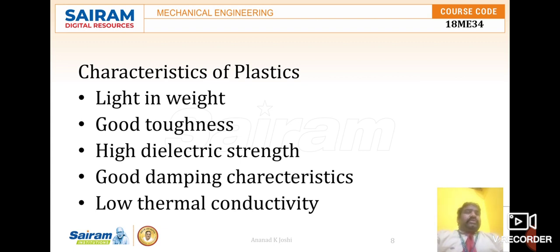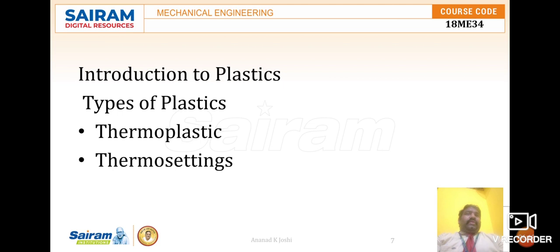Okay, and it also has low thermal conductivity, as we discussed in the characteristics of plastics. The low thermal conductivity is suitable for particular processes. Well, back to one more topic concerning the types of plastic.